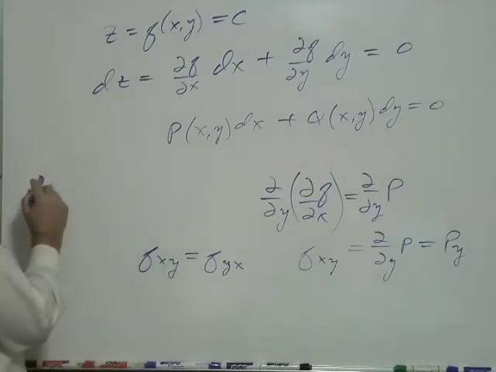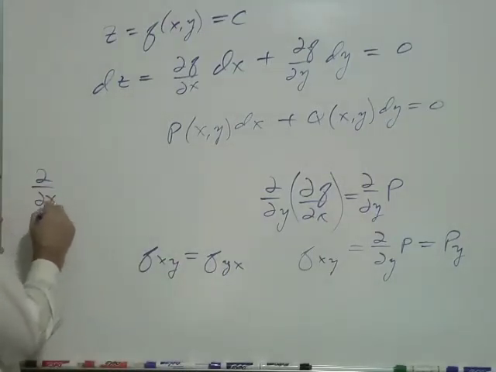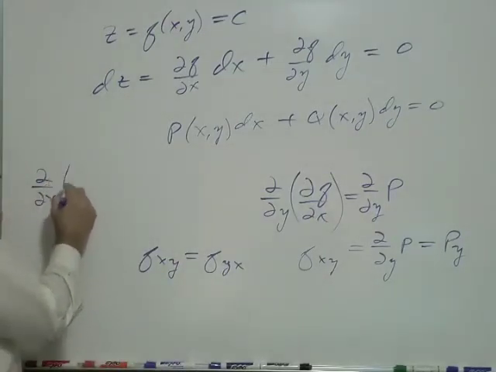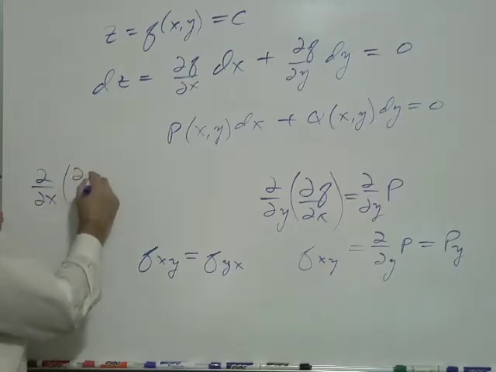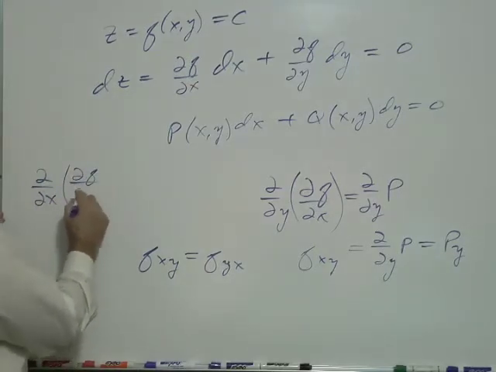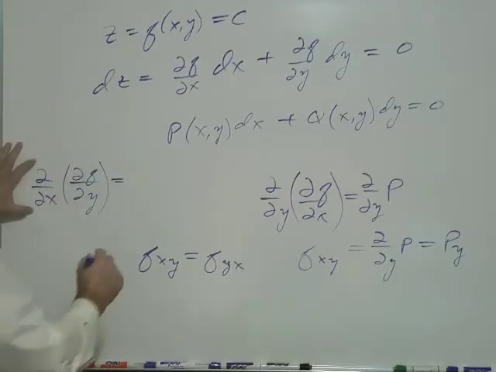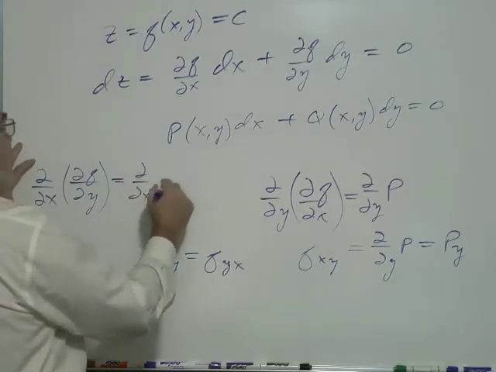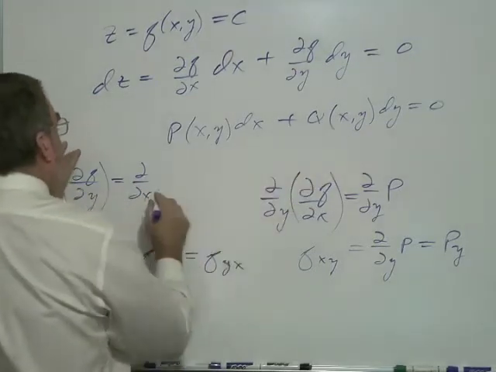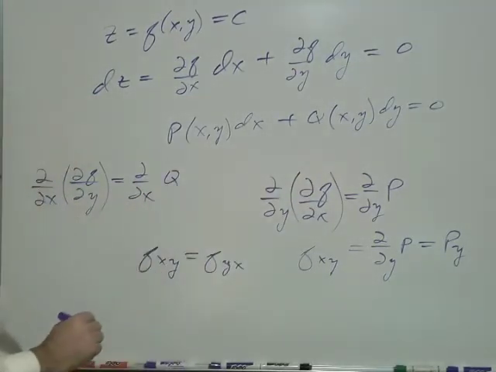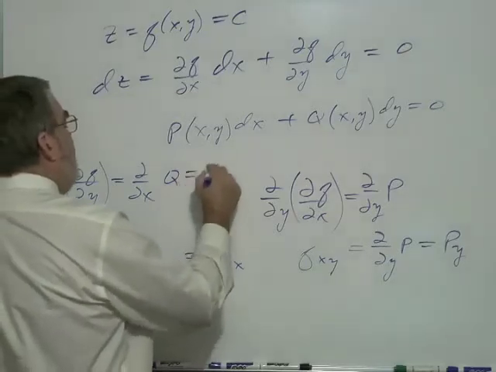Similarly, if I go over here and take the partial with respect to x of the partial of f with respect to y, then this is the partial with respect to x of function Q, or this would be Qx.